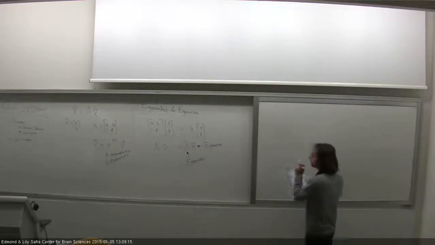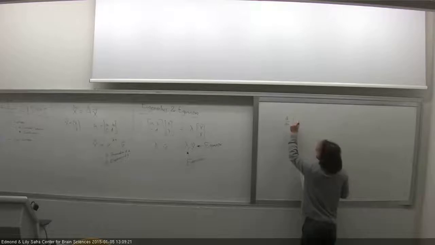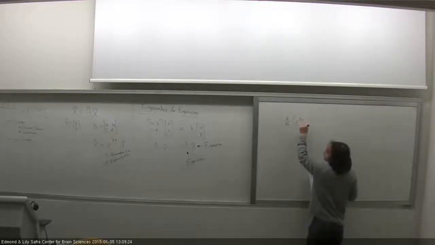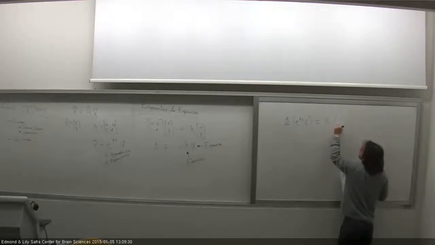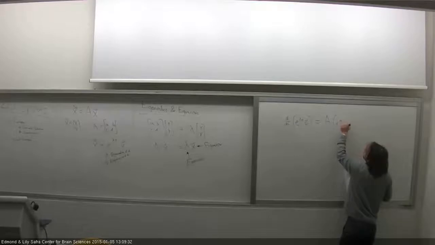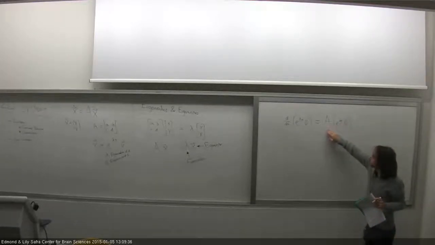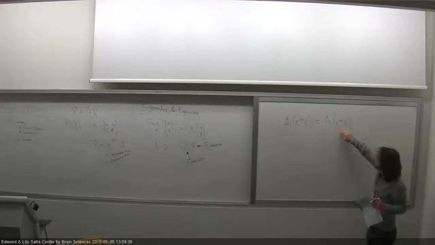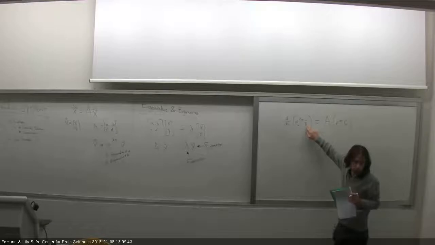So when I substitute it, I'm going to take the time derivative of this, and this should be equal to A times my solution. So the eigenvector is just a vector. It's an xy coordinate.